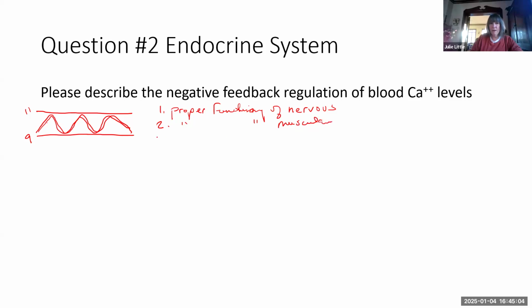And we'll find out in the next chapter that calcium is a procoagulant, so we can't properly clot if we don't have the right amount of calcium. You know that blood clotting is going to be important so you don't bleed out. The nervous system is incredibly important, and the muscular system is incredibly important. So we want to make sure our blood calcium levels don't drop.